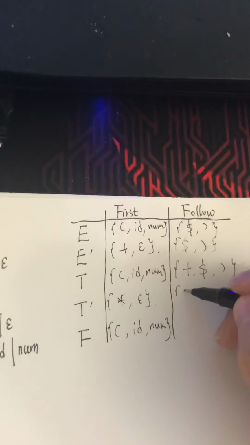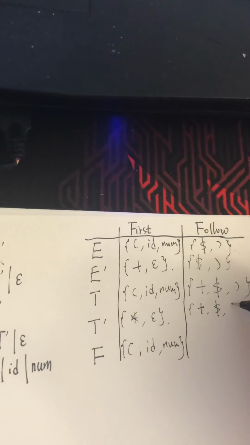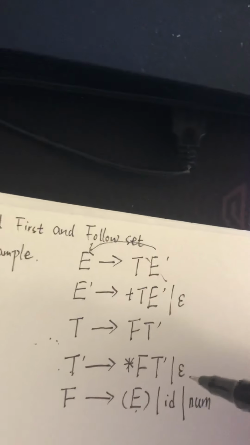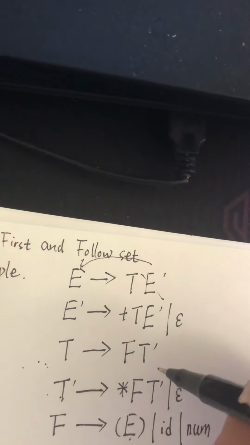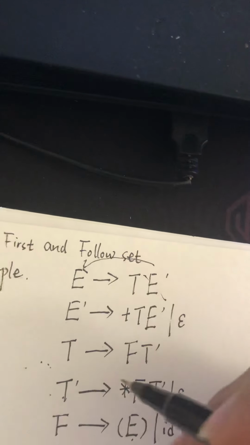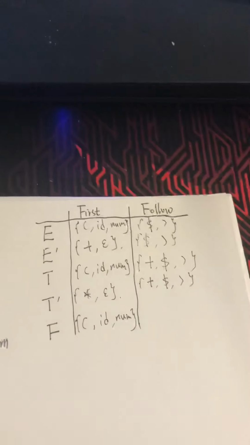It is plus sign, dollar sign, and right parenthesis. And now we look at the second T prime. There is nothing after it, right? So we look at the previous one, follow of T prime equals follow of T prime. So nothing is added, and we have finished the follow of T prime.